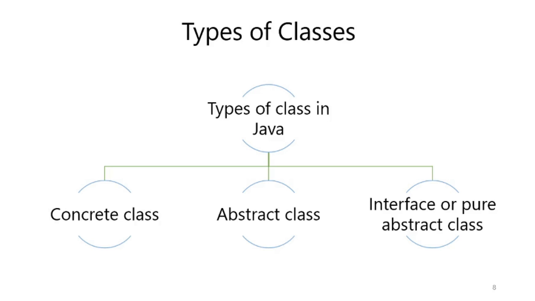Abstract class is the incomplete class, whereas concrete class is, you can say, the complete class, where whatever definitions you want to give, all those definitions can be given in the concrete class. But abstract class can have the declarations or partial definitions, and interface or pure abstract class simply declares the members in the class.